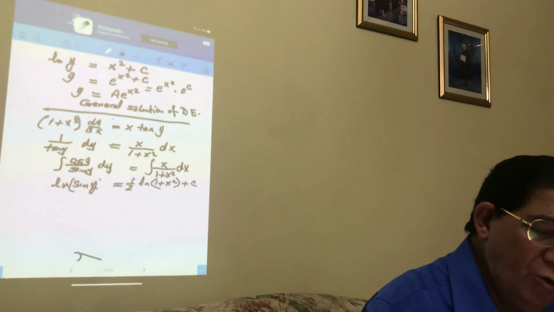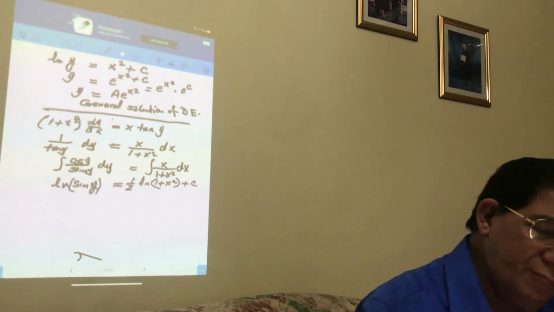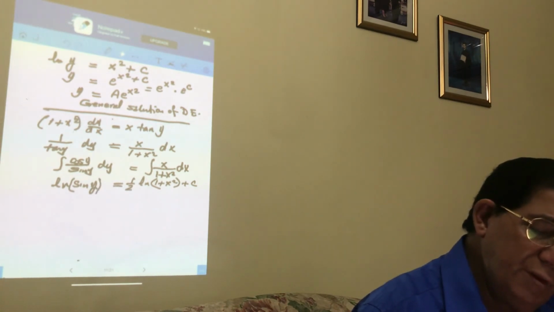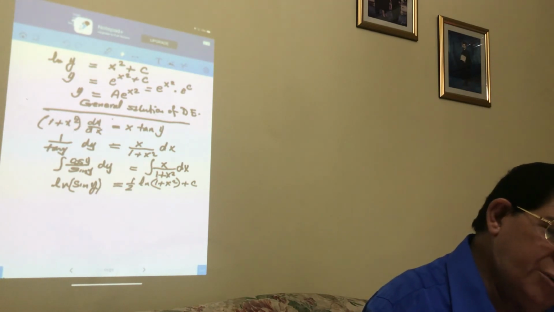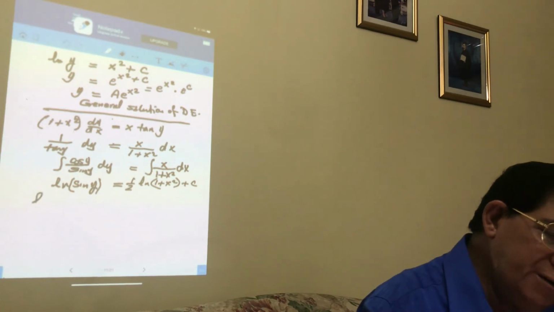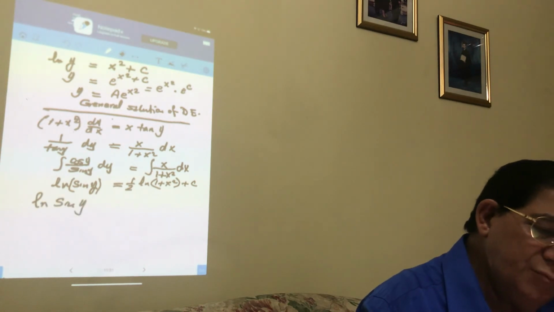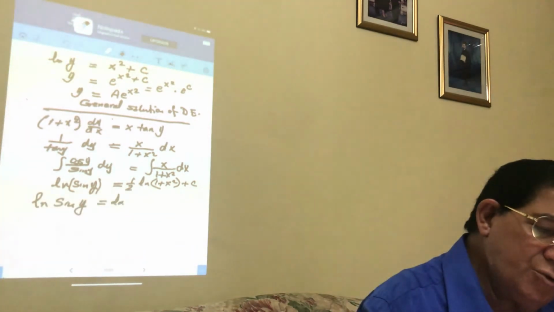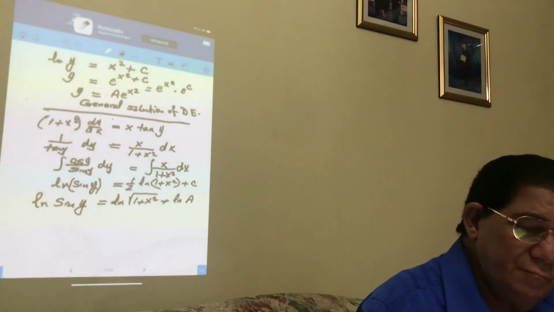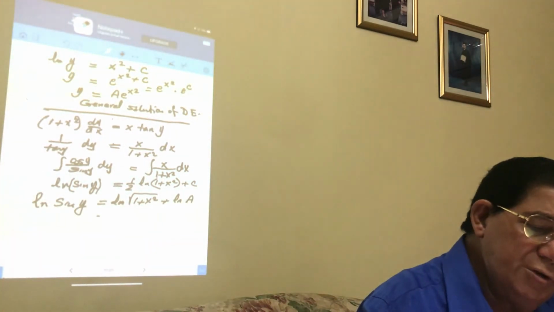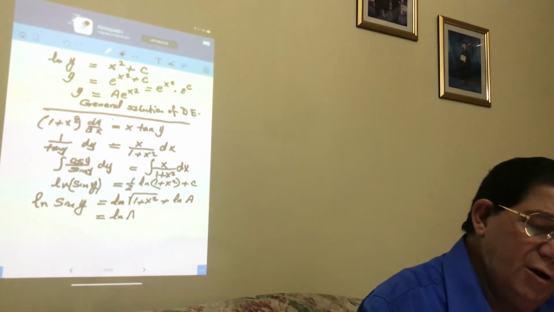When the equation contains all lns, like here, then we call the c ln a. Therefore, we're going to say ln sine y equals ln the square root of 1 plus x squared plus ln a, which means ln a square root of 1 plus x squared.